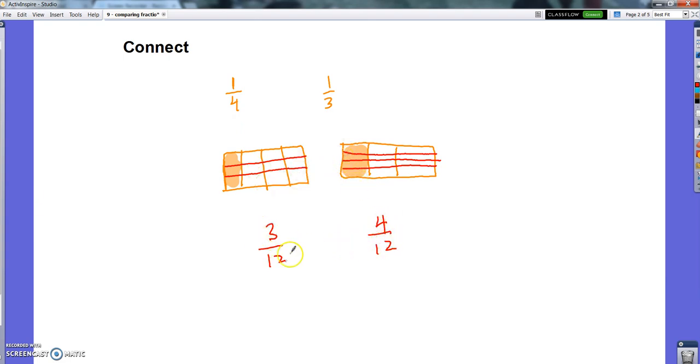It's 4 out of 12 instead of 3 out of 12, and that's a little bigger. And that was when they're really close and it's really hard to tell. That's your strategy.